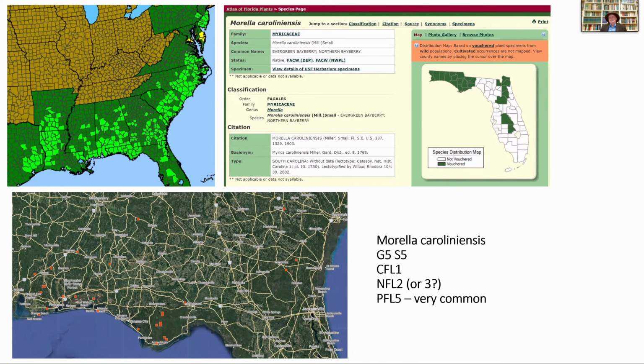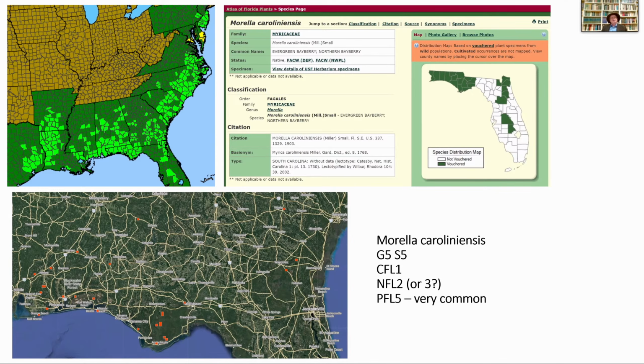And notice that's actually a disjunction shown because it's really only in a small part of Polk and Highlands counties where the seepage slopes that this species likes are still known to occur. So this one is a 5 for the Panhandle, 2 or 3, depending on how many places we could find it at in Northeast Florida, and 1 for Central Florida.